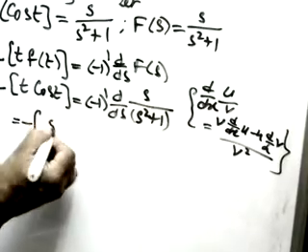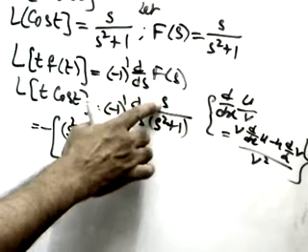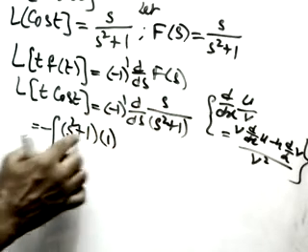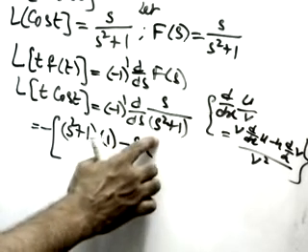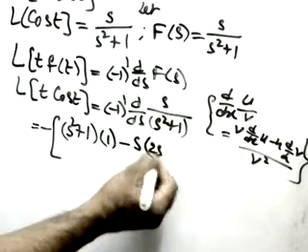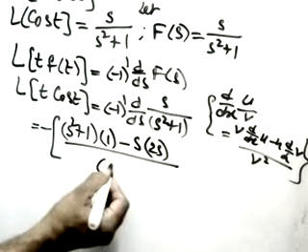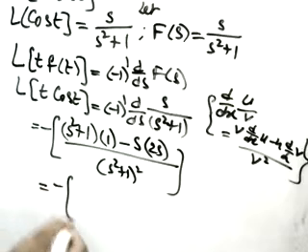Now for u by v, we start with v, which is s square plus 1, into d by dx of u. d by dx of s is 1. Then v d by dx of u minus u, which is s, into d by dx of v. The derivative of s square plus 1 is 2s, constant is 0, divided by v square, which is s square plus 1 whole square.